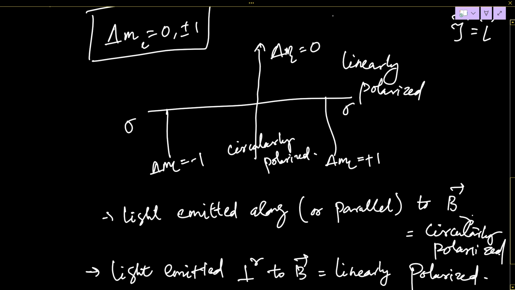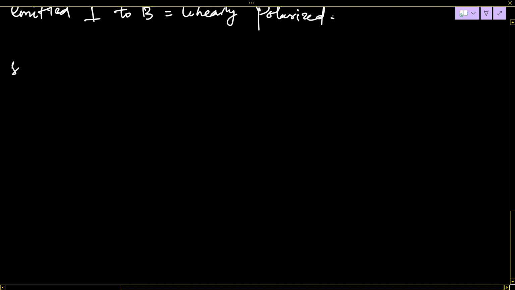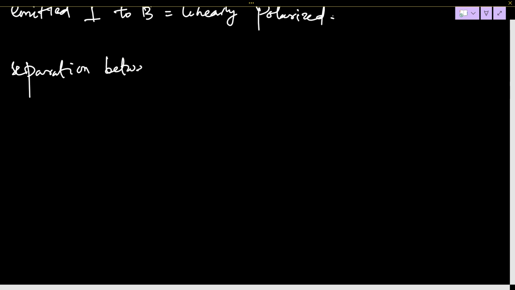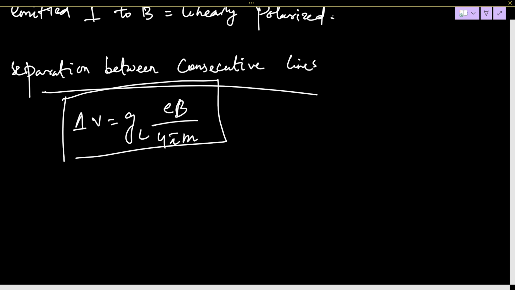Okay. So, what is the separation between consecutive lines? Delta nu is equal to g_L e B by 4 pi m.